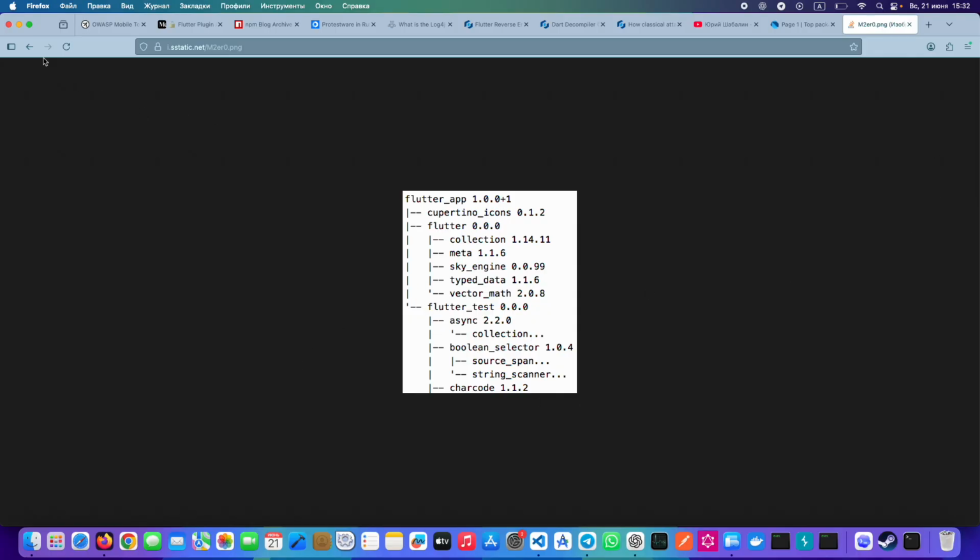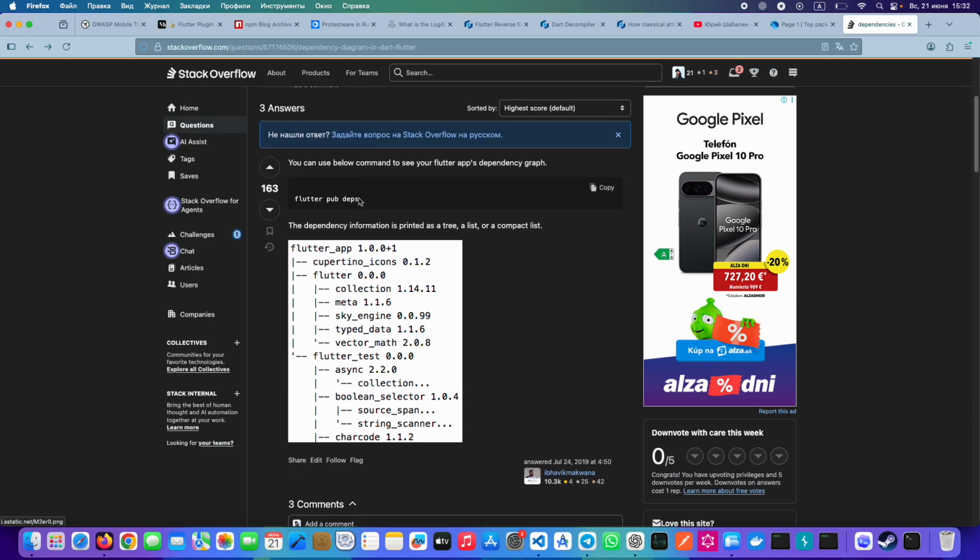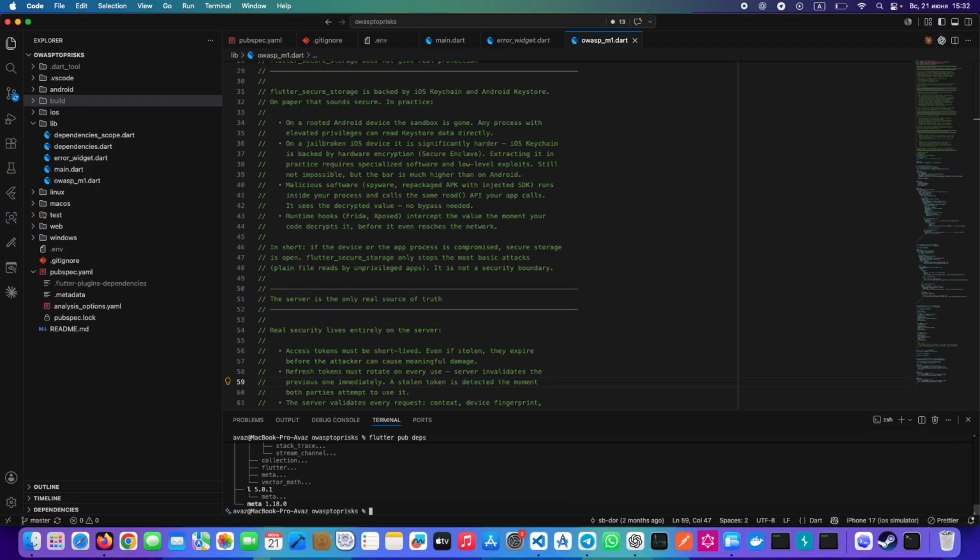If you copy this one and go to our dev page, you'd see that, for example, stack_trace uses path, or the test API uses async, boolean_selector, source_span. What else do we have?